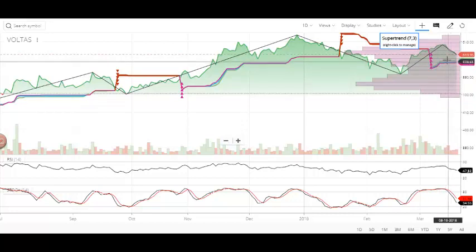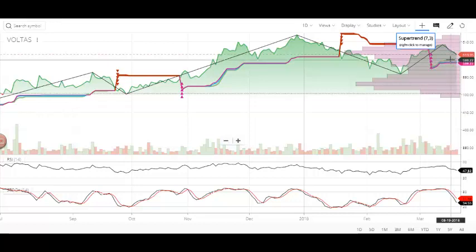So we can take this as a baseline at this moment. 590 is the point where you can get a lot of support for this particular stock. People who are waiting to buy the stock can wait for a few more days and see to it that once the stock comes down to the 590 levels, that is the right time for them to enter the stock.